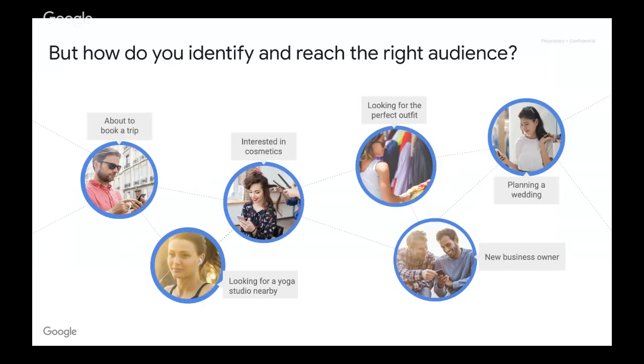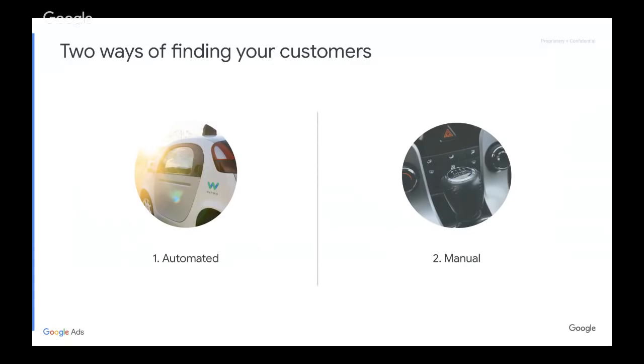Because different consumers in different moments of the day and life stages have different needs and wants, it becomes really important to have the right message for all of these people to make sure that they are going to start interacting with your brands. Actually, there are two ways of finding your customers.